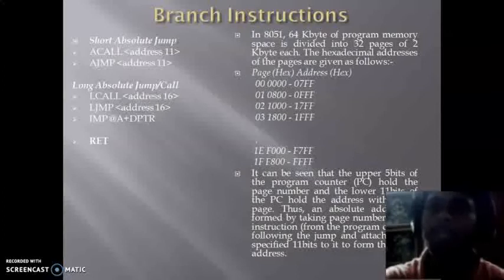Every time we need this subroutine, we call it by using the ACALL or LCALL instruction, and whenever we call it, the program sequence is transferred to the location where the subroutine is written. Similarly, the AJMP instruction uses an 11-bit address.